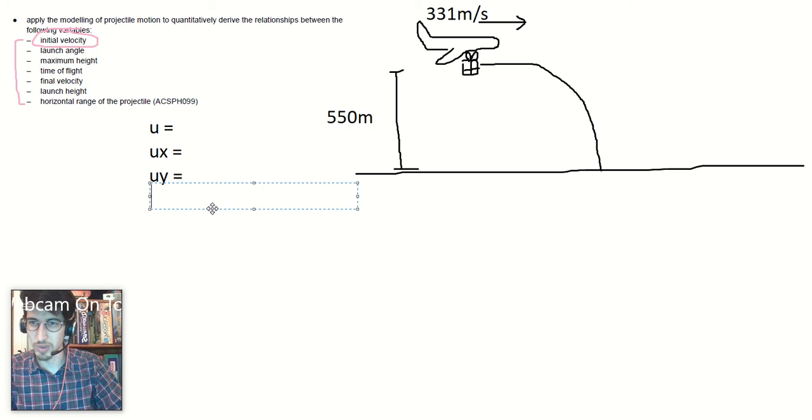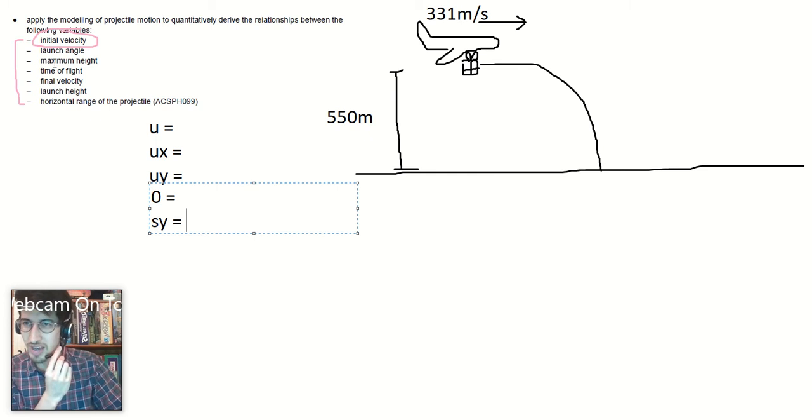Launch angle is going to be theta. Right, launch angle, maximum height, that's going to be displacement. And the height's going to be displacement in the y direction. Okay, so displacement y is going to be maximum height, displacement x is going to be the range.